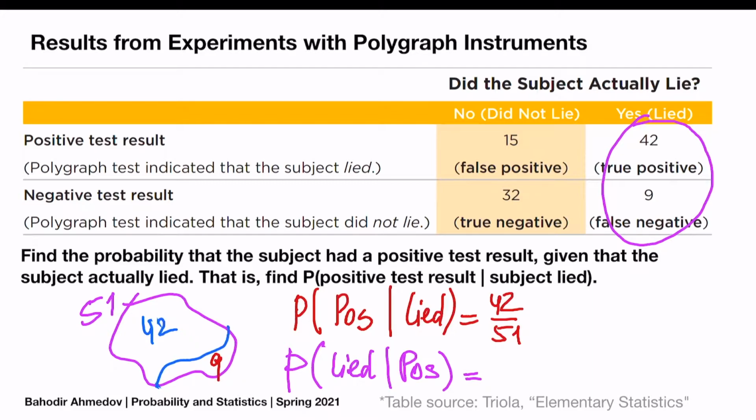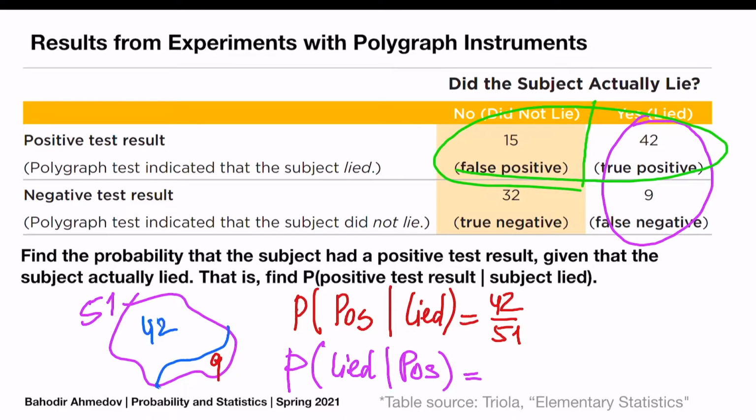So now again, we are going to create a sample space, right? In our case, the sample space is going to be all the people who had a positive test. This is going to be our sample space. And we're going to split this into two parts, okay? People who lied and people who didn't lie.